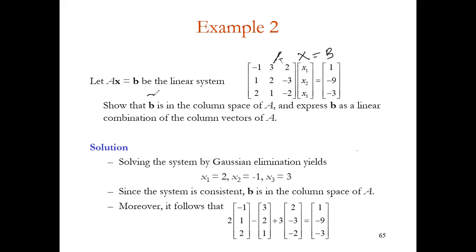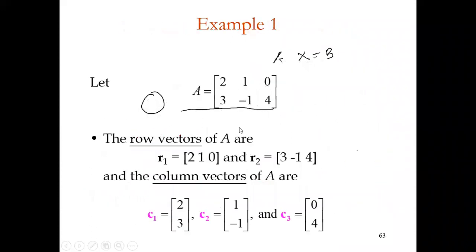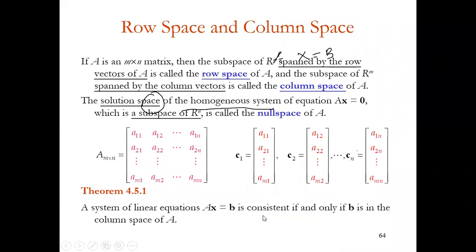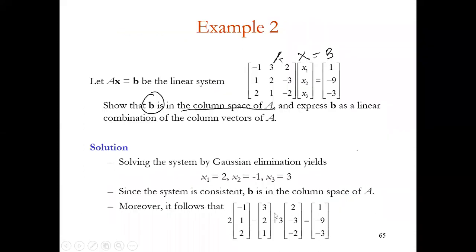We need to show whether b is in the column space. As mentioned in the previous slide, if it happens, then we call the system of linear equations consistent. So we will check whether b is in the column space or not.